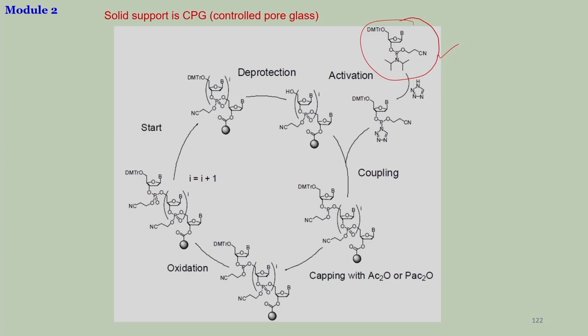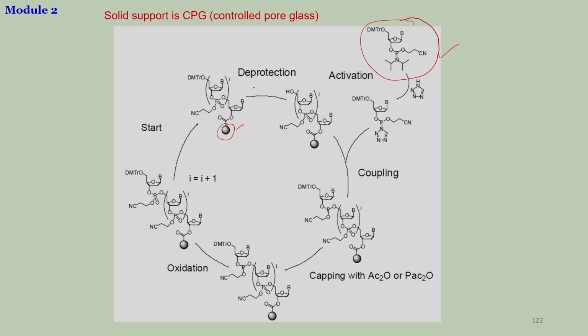in the DNA synthesizer. The first thing, let us start here with your solid support CPG, and you have already done a little bit of synthesis, and now we are trying to add more nucleobases here.